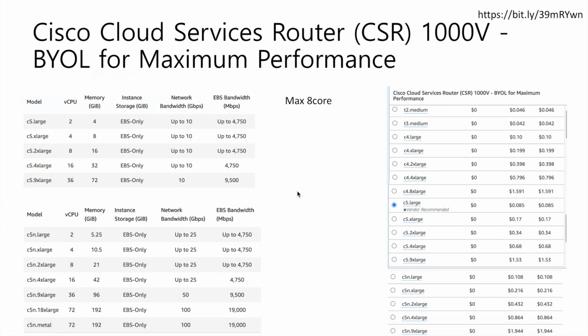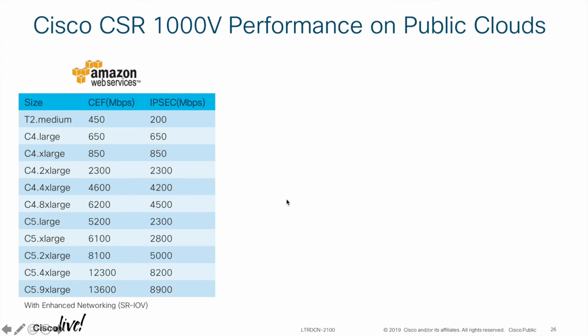So let's see the Cisco documentation. This is data from Cisco Live, a very big summit from Cisco. But I have no exact details about the test. But here, when it does simple routing, you can have about 13 gig with C5.9xlarge at that time.